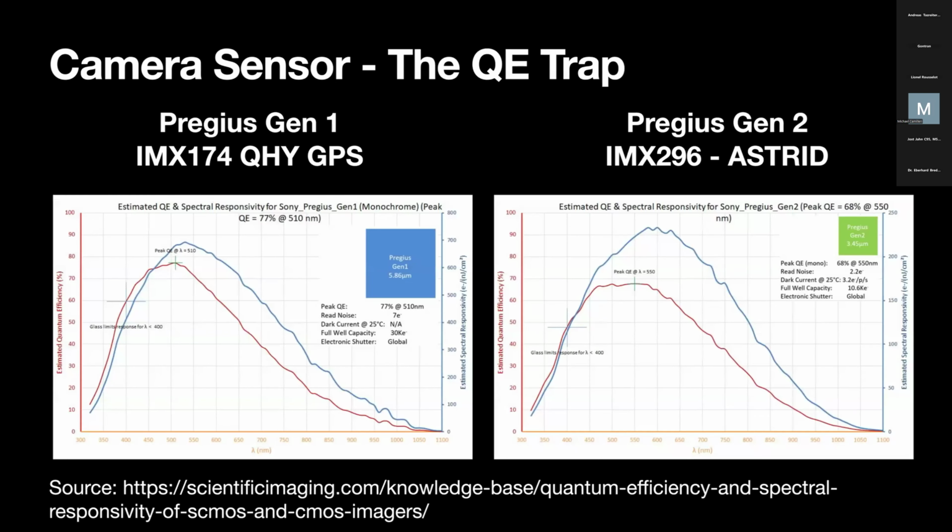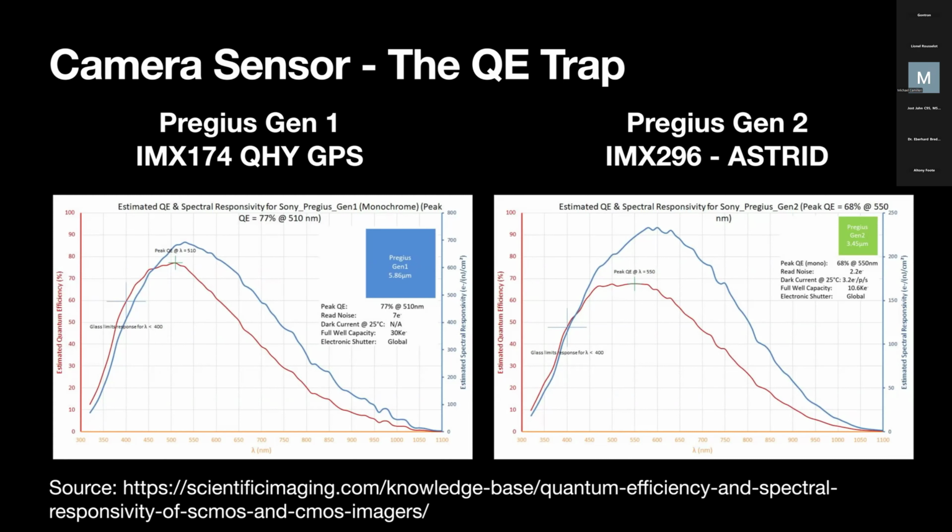Here's a comparison between the Gen 1 and the Gen 2. When you look at QE, it always peaks at a certain value. On the right we've got the Astrid one, and the red line is the peak QE. The peak on that is at 550 nanometers, and on the 174 GPS it's 510 nanometers. But you'll notice that on the left, the IMX174 has quite a sharp peak, and the Astrid has quite a flat peak.